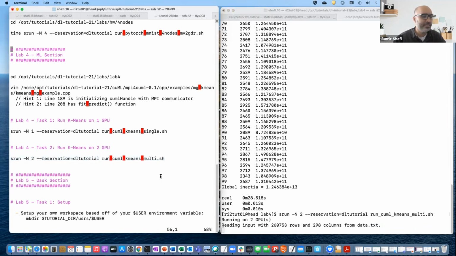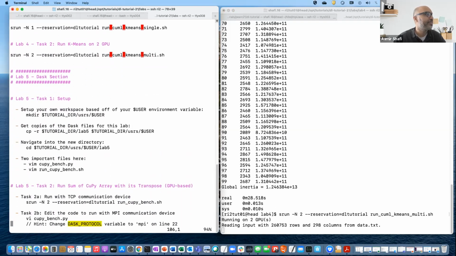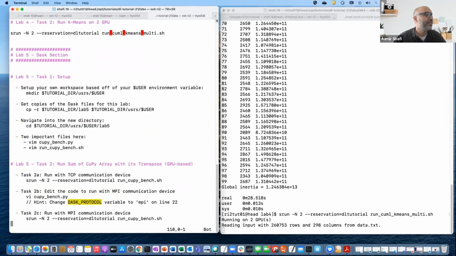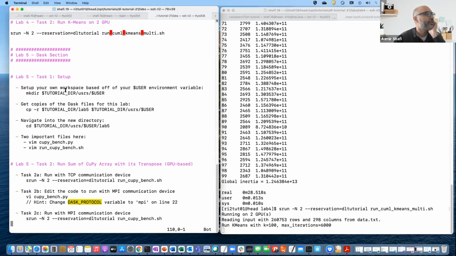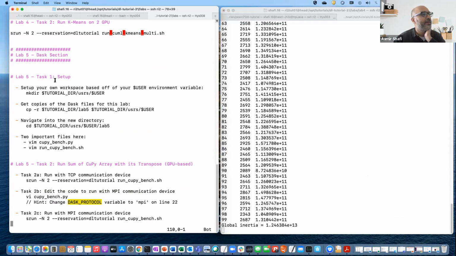With this, I will now move towards lab 5, which is the task section. I will let this job finish first, and then I can start talking about this. There are 2 tasks in lab 5, task 1 and task 2.